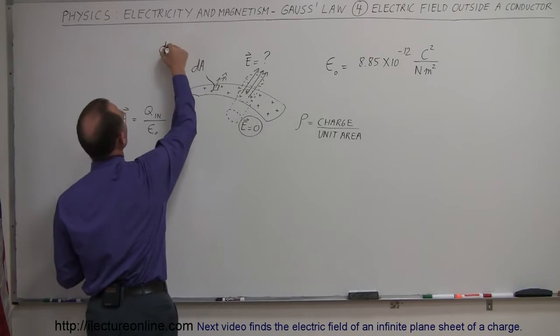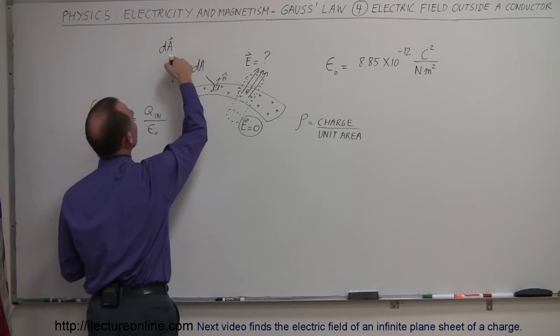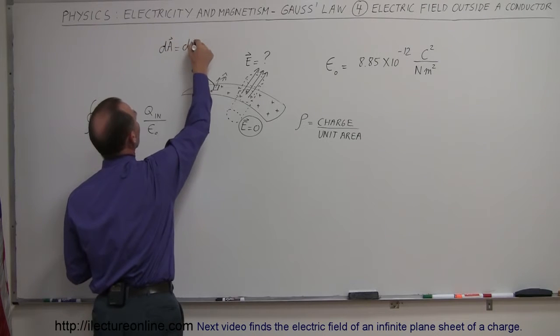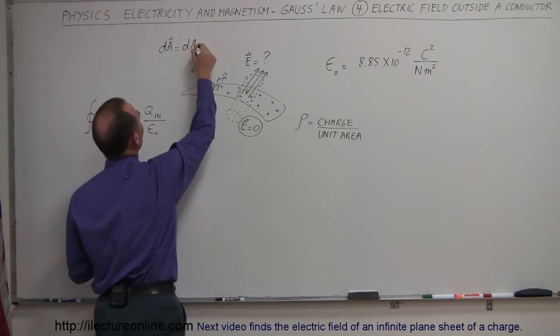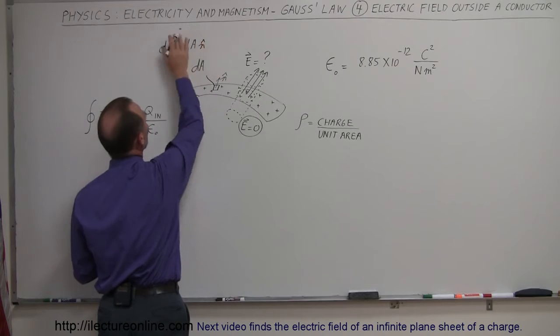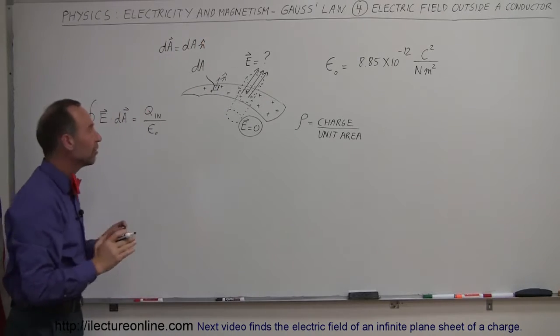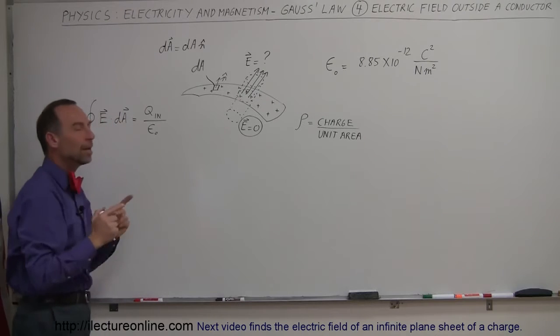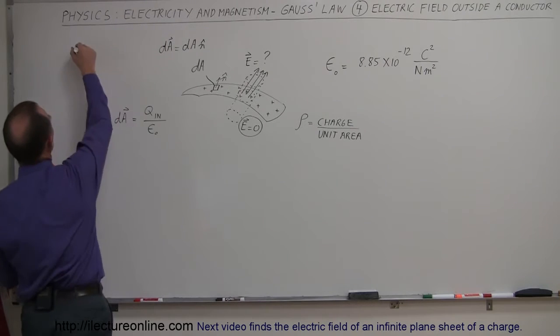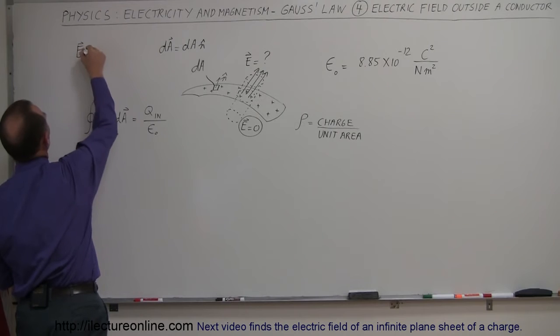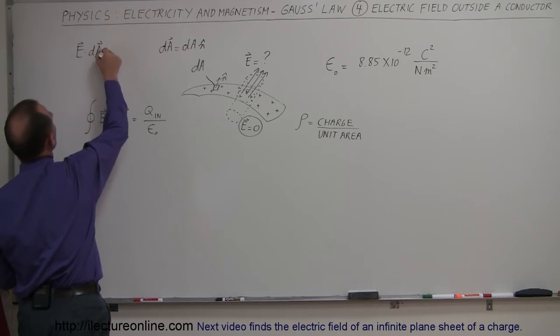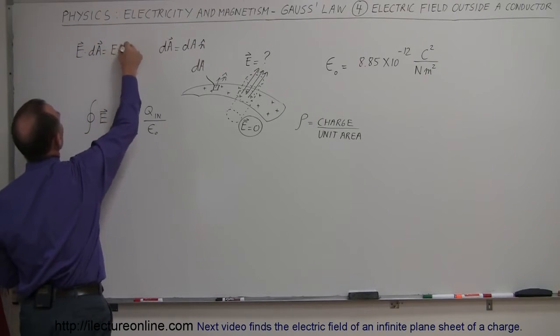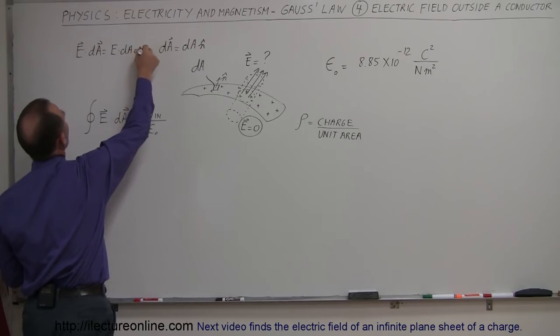And so we can then write the vector quantity dA is equal to the size of dA, which is simply dA, times the unit vector n. So that's really what that is equal to. So if we now multiply with a dot product the electric field strength times dA, notice with a dot product we know that E dot dA can then be assumed to equal E times dA times the cosine of the angle between them.